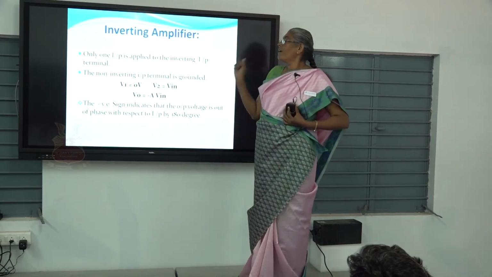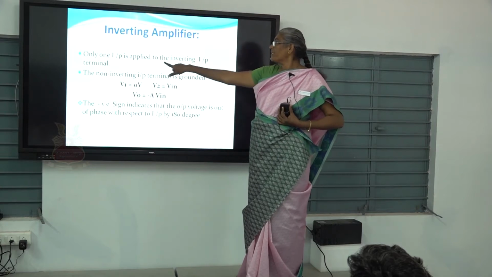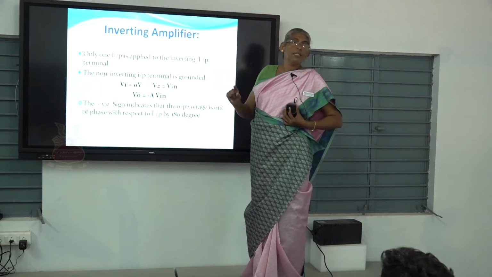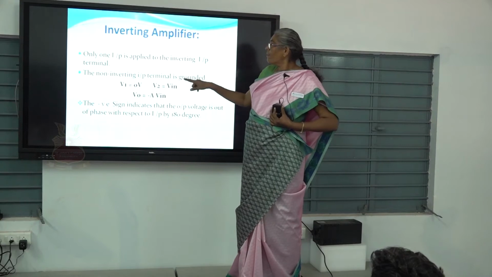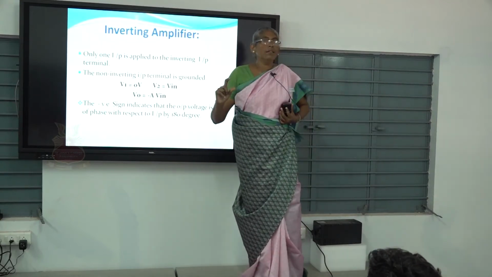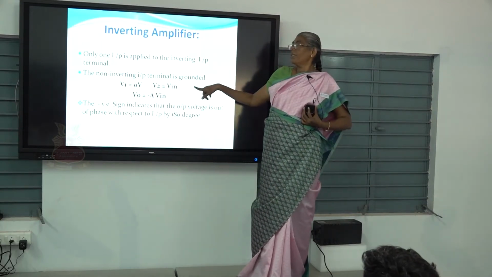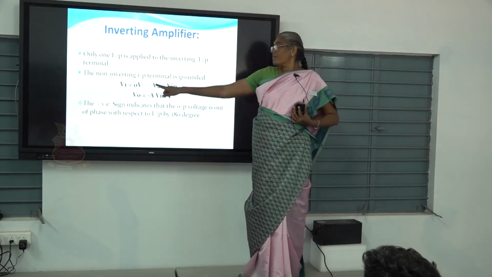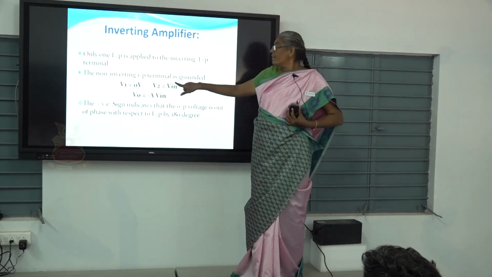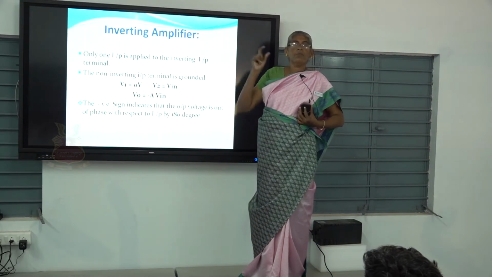Inverting amplifier: only one input is applied to the inverting input terminal, and the non-inverting terminal is grounded. That is, V1 equals 0 volts, V2 equals input voltage.